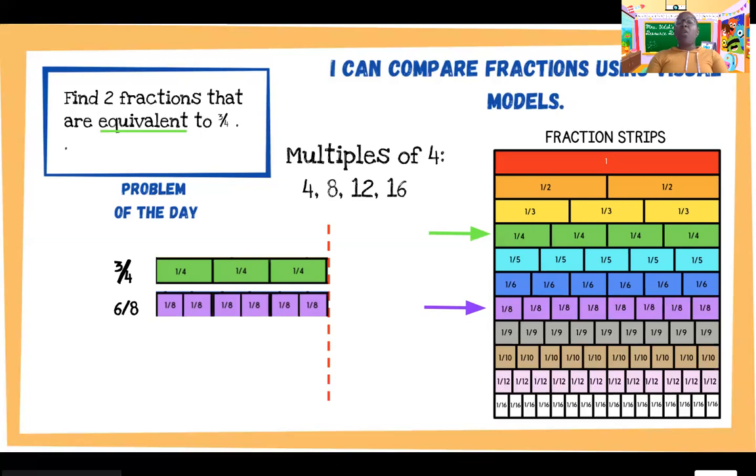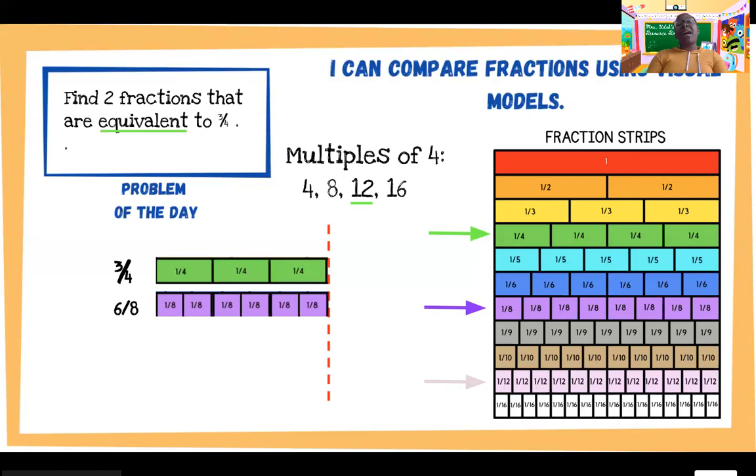So to begin, what multiple are we going to use to figure out what our new denominator is? That's right, we're going to look at the 12. So our next fraction strip that we're going to use are our 12 pieces. Well, we know what our denominator is.